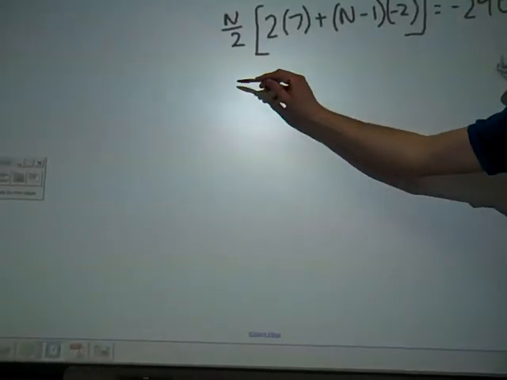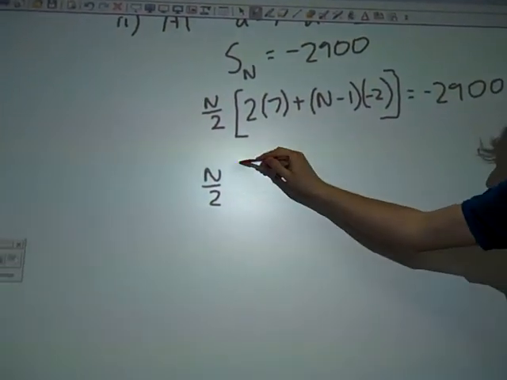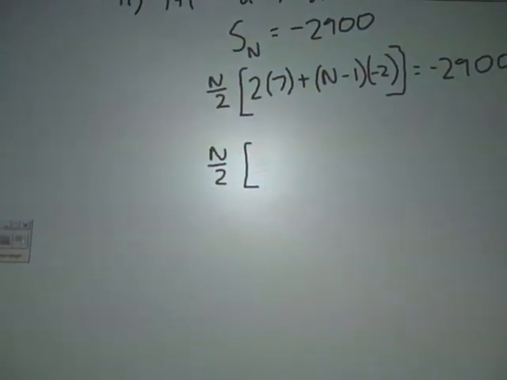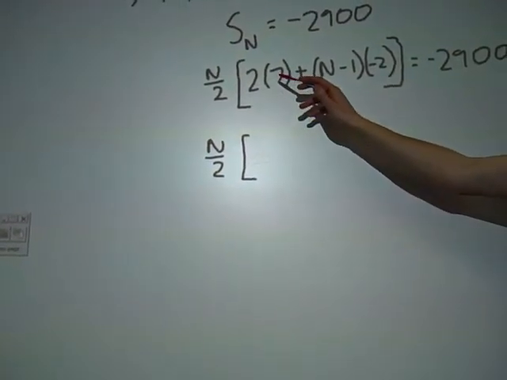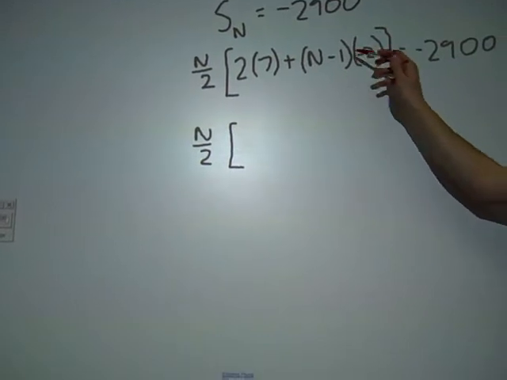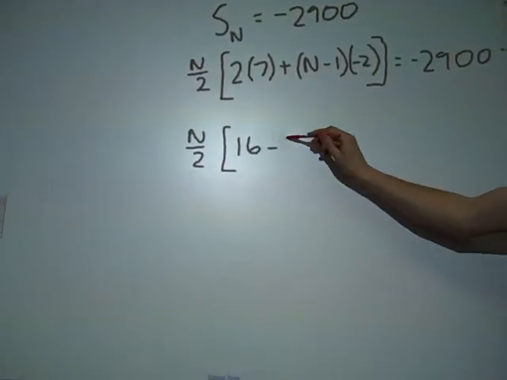We've got n over 2. Let's tidy up what we've got inside here, I think. Well, what have we got? We've got 2 times 7, and then minus 2, so we've got 16 out of that bit, minus 2n.